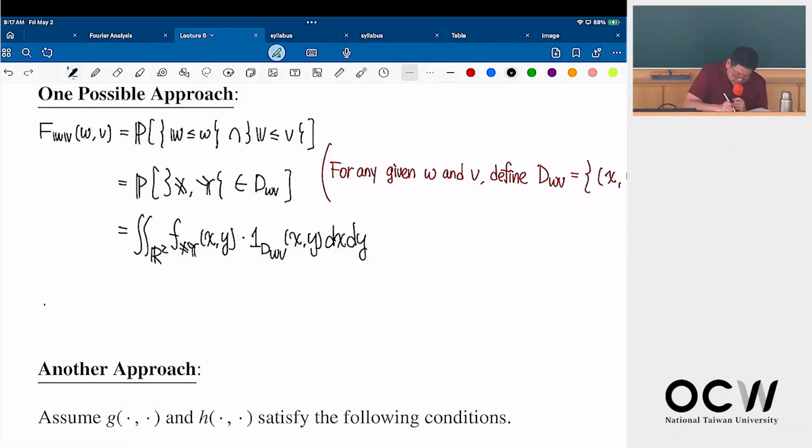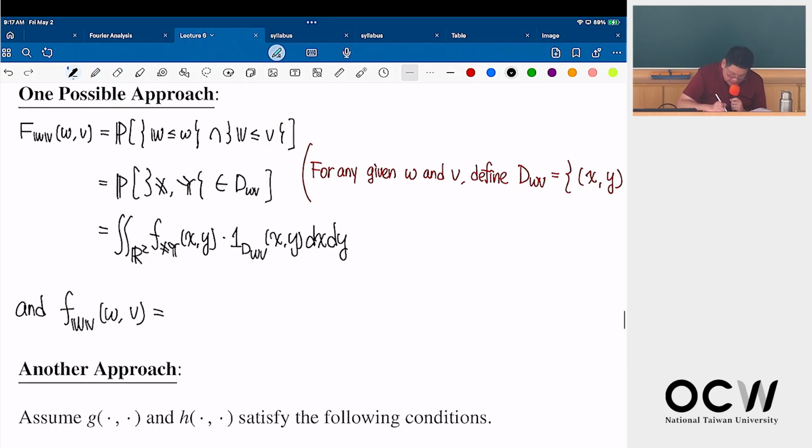So for the joint PDF, that will be the partial derivative of your CDF with respect to w and v.